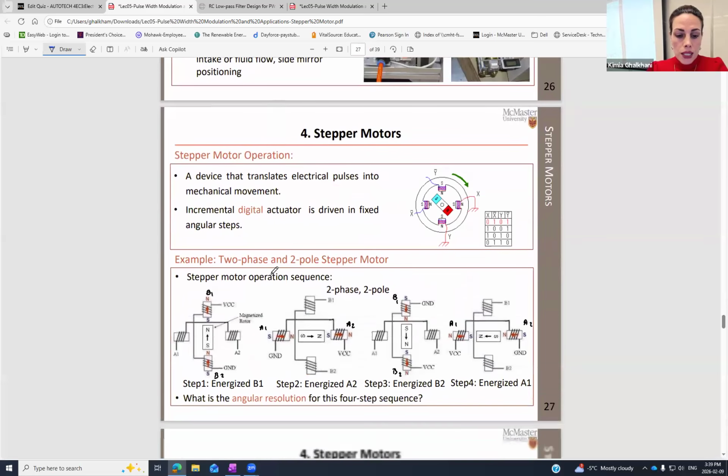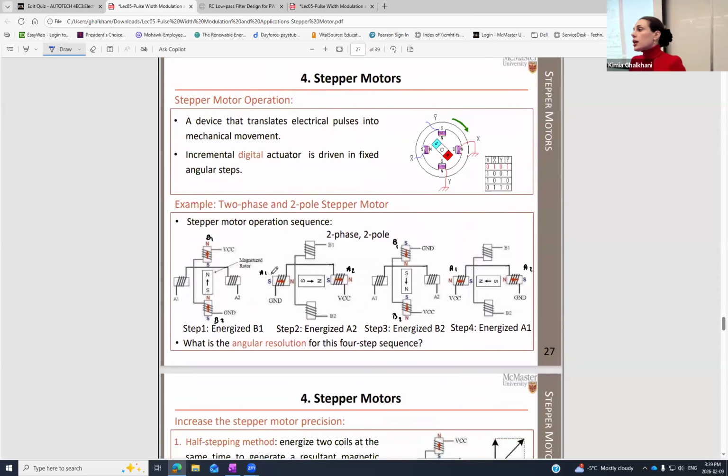So now let's look at, what does that mean when I say we need it to happen incrementally? It means we need to divide it into equal positions, each of them a certain angle based on that certain stepper motor. Let's look at the construction of a stepper motor in case you haven't discovered that before.